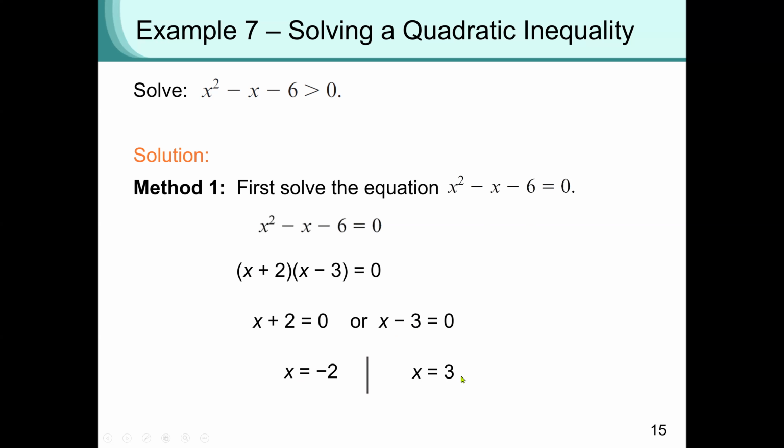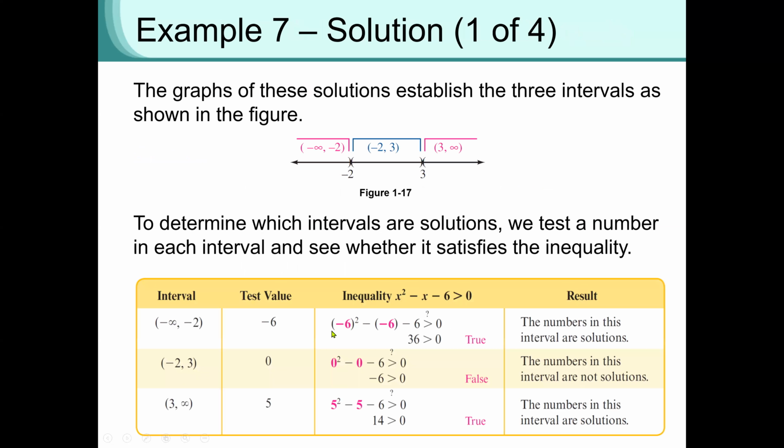This is if we are solving an equality. This is an inequality, so we have to come back to our condition that our expression is greater than 0. The best way to do this, we have -2 and 3. So the possible intervals we can have will be from -infinity to -2, then -2 to 3, then 3 to +infinity.